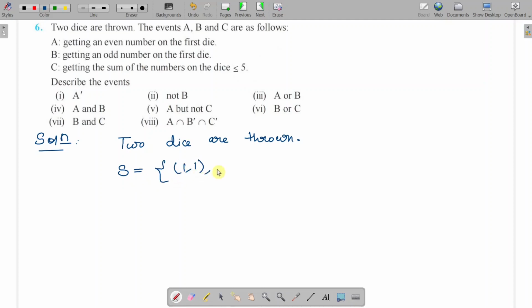You can get 1 on the first die, 1 on the second die, 1 on the first die, 2 on the second die, then 1 comma 3, 1 comma 4, like this.